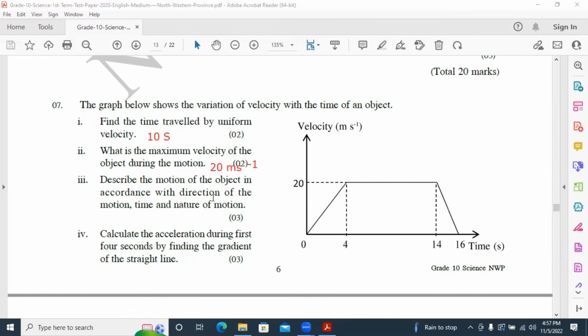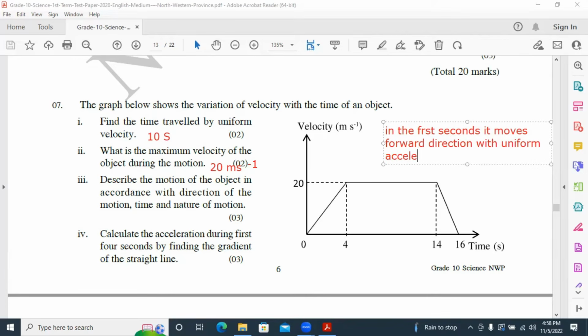Describe the motion of the object in accordance with direction of the motion, time and the nature of motion. Here I am going to explain it. In the first 4 seconds, it moves in the forward direction with uniform acceleration.